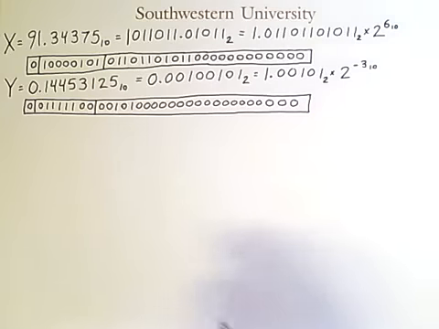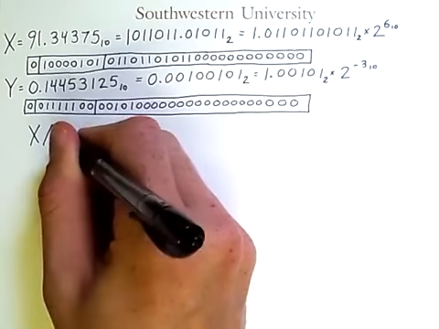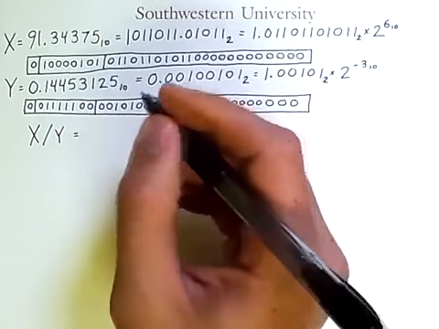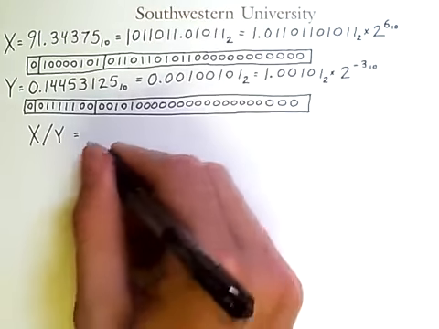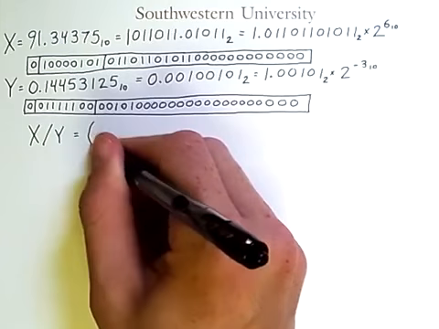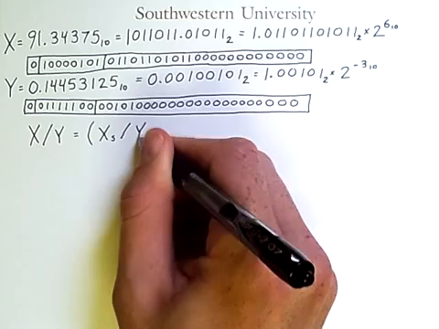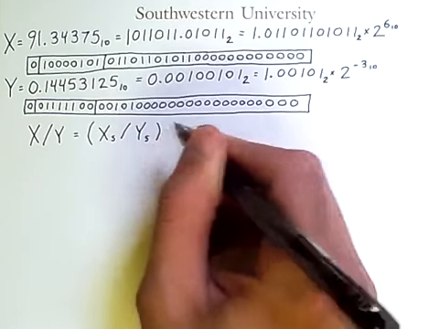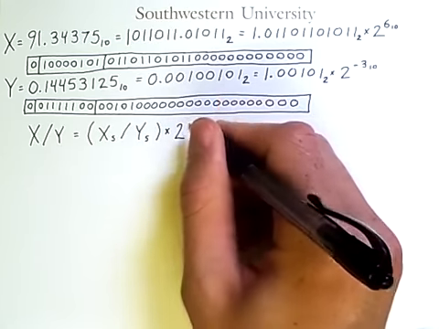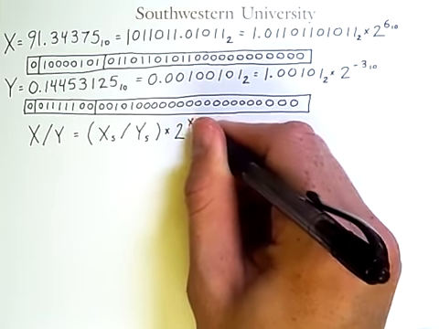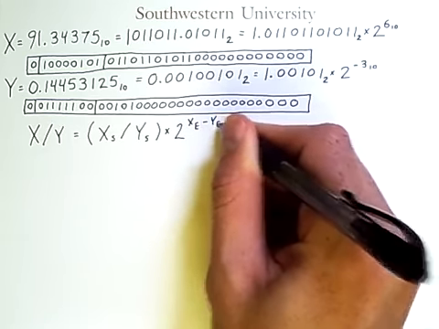Now, in order to do this division, x divided by y, we will need to know, once again, the significands and exponents of these numbers, because we'll be computing it as x's significand divided by y's significand, and that result will be multiplied by 2 raised to x's exponent minus y's exponent.